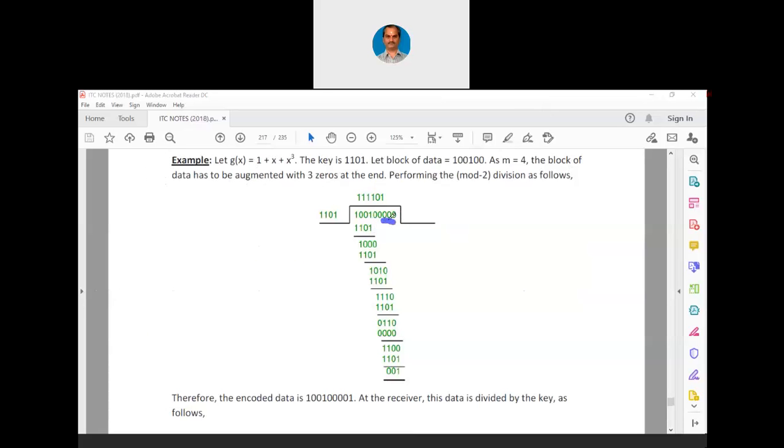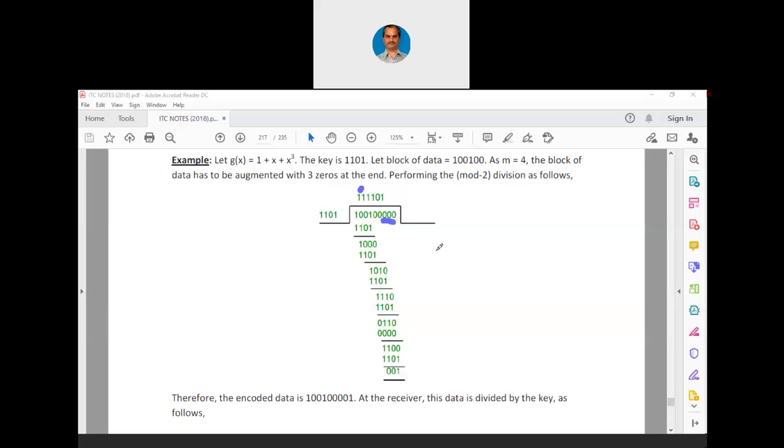Now let us keep on performing the modulo 2 division. Our key is 1101. So first let us put 1101. And now remember that in modulo 2 division, subtraction and addition are one and the same. 1 plus 1 is also going to be 0, 1 minus 1 is also going to be 0 anyhow.